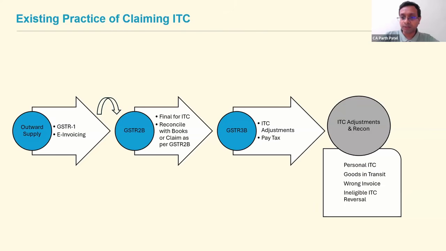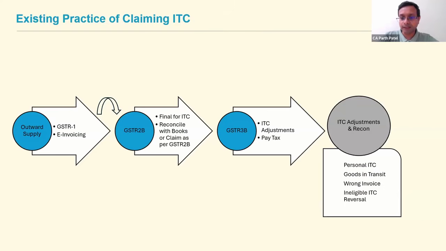I'll have to reverse it in this month and claim it back in the next month when we receive the goods. Probably there are wrong invoices which are uploaded by some party citing the wrong GST number or a data entry error for the GSTN, right? That can also happen, so we have to reverse that as an ITC adjustment.